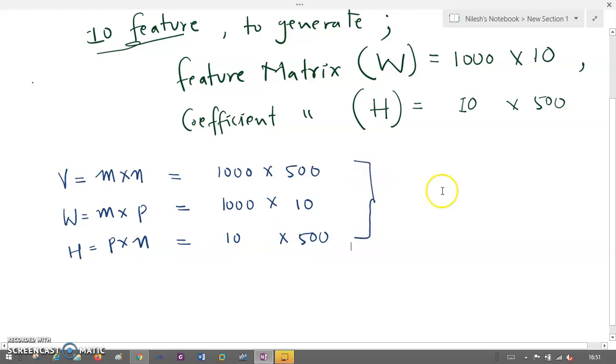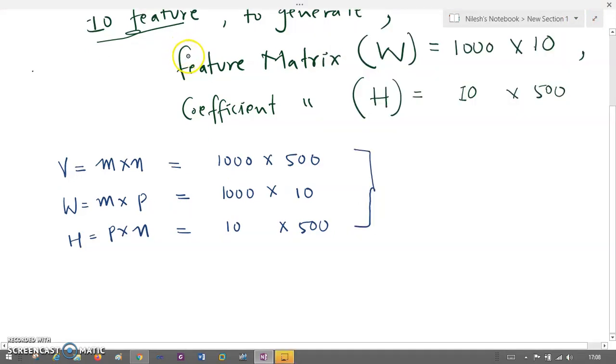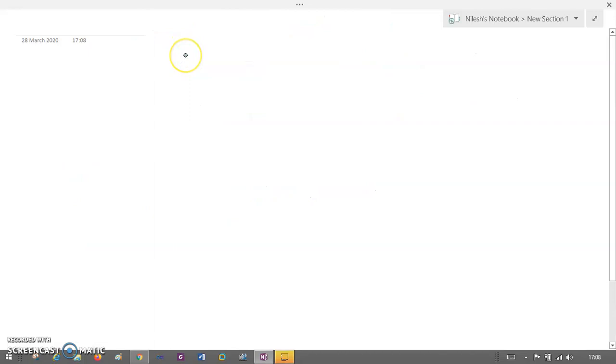So in the next slide, I hope you remember the previous note that V is M cross N, W is M cross P, and H is P cross N. So what I'm saying here is the product of W cross H, this is multiplication.